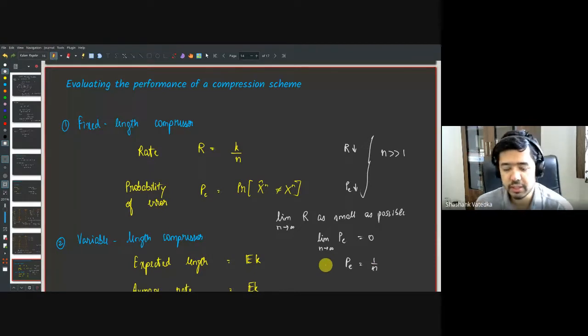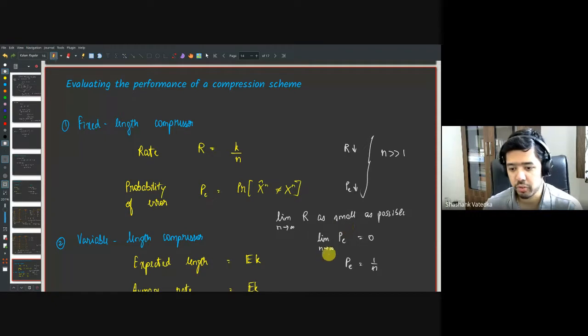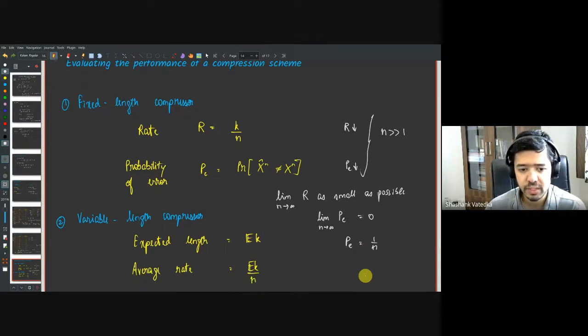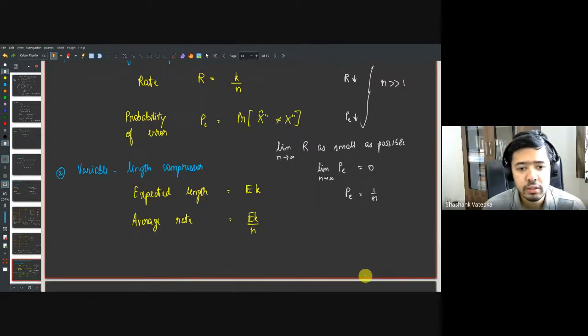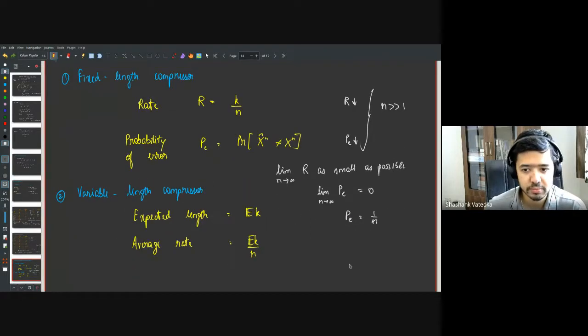So the limit as n tends to infinity of the probability of error tends to 0, but for every finite n, the probability of error is strictly greater than 0. It's tiny, but it is strictly greater than 0. All right. So this is how one would evaluate the performance of a fixed length compressor.